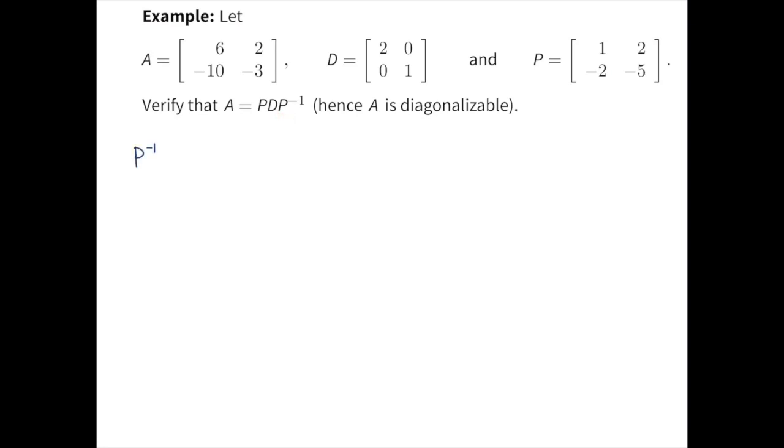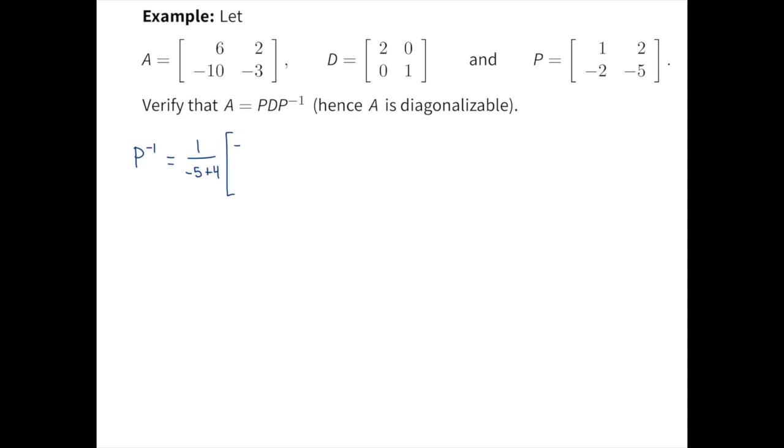P inverse is equal to 1 over the determinant of P. So in this case, that's going to be 1 times negative 5 minus negative 2 times 2. So that's negative 5 plus 4. And then if you remember, we're going to swap the diagonal entries.